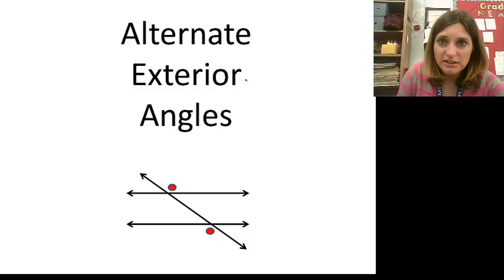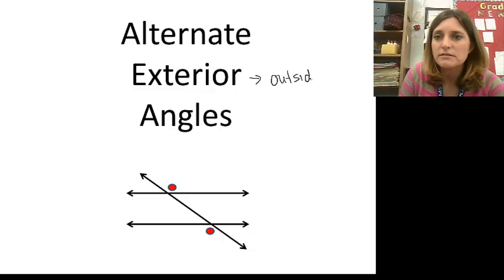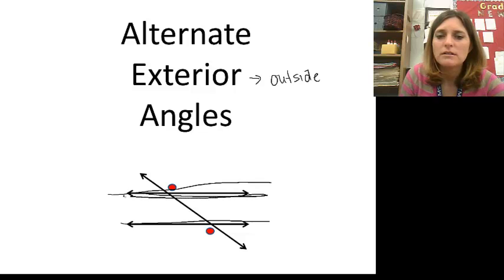Alternate exterior is the same thing, sort of. Exterior, you think of outside. Okay? So here's my parallel lines. There we go. And here are the four angles outside of the parallel lines. Again, if I just number them, 1, 2, 3, 4.